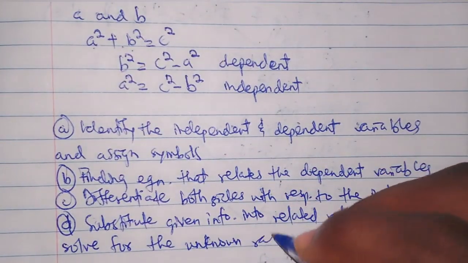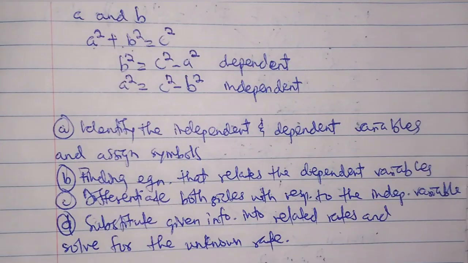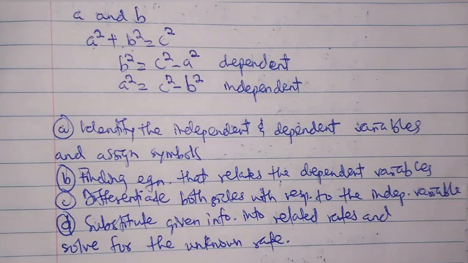In the question that we're given, there will be an unknown rate. So you solve and get a relation between the variables, and then if you are given these parameters, you substitute them into it, and you get your final answer.